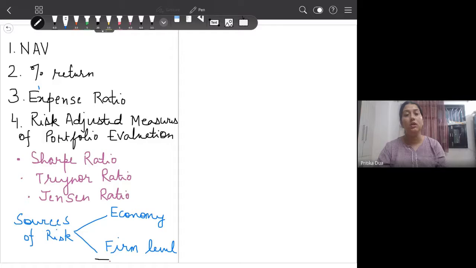The government might give guidelines as to how the waste disposal should take place for firms, or the CPCB, which is the Central Pollution Control Board, might release some rules and regulations with respect to pollution control in industrial firms. Now, such factors will also impact the firms and the economy at the macro level.